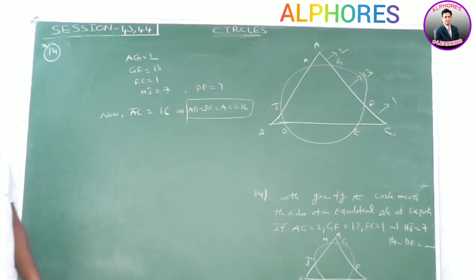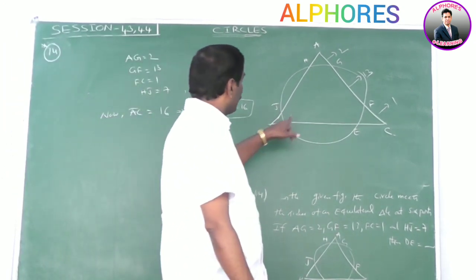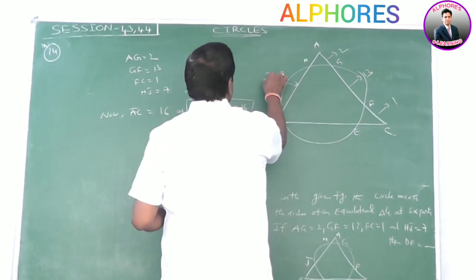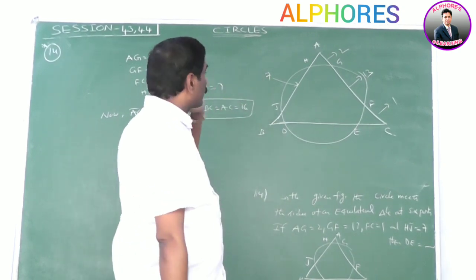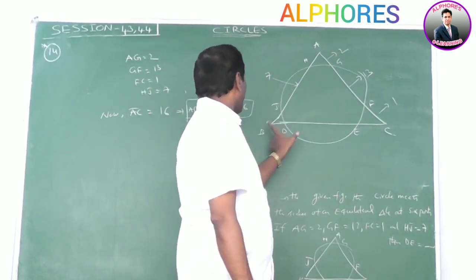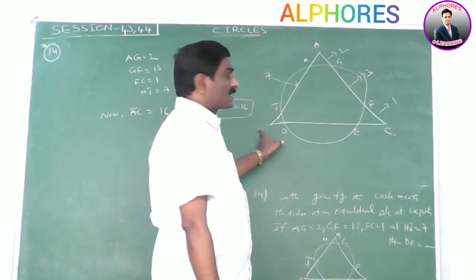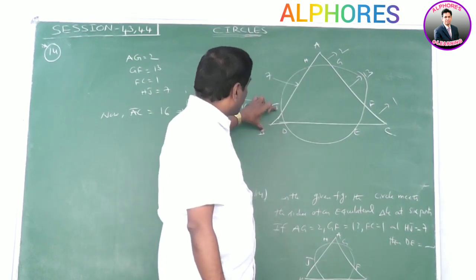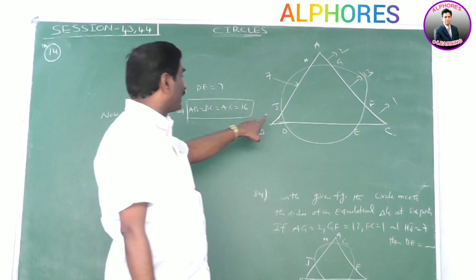Okay. Next, HJ is equal to this value 7. Now the required value is this value. In this case we find AH and BJ. Suppose AH is a known value, then AH plus HJ plus JB is nothing but the total length of this side, which is 16. By using that property, we find the remaining value.